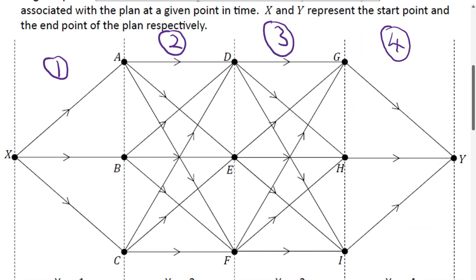So we're going to do that for D. We find out which one of those 3 is the optimal one to go from D to Y, then which one is the optimal one to go from E to Y, and then finally which one is the optimal one to go from F to Y. By the end of it, we'll have at least 3 optimal paths. It's possible that there could be more than one from E or from F which are optimal.